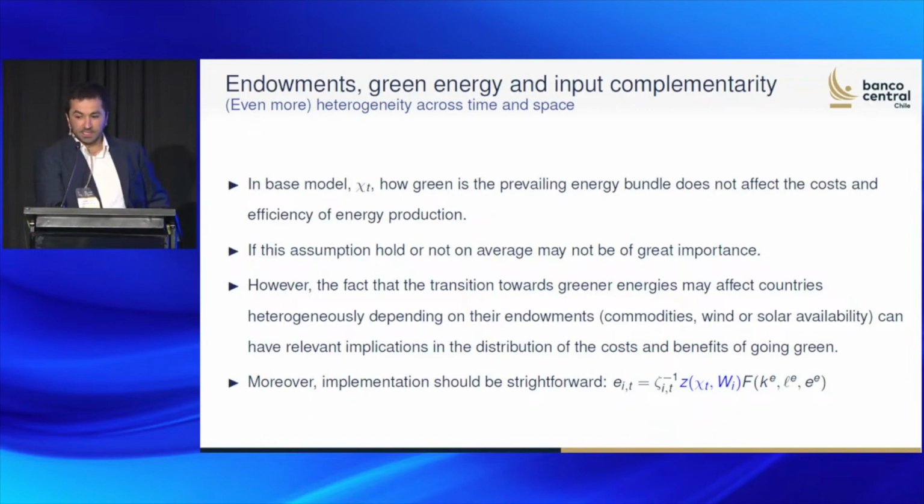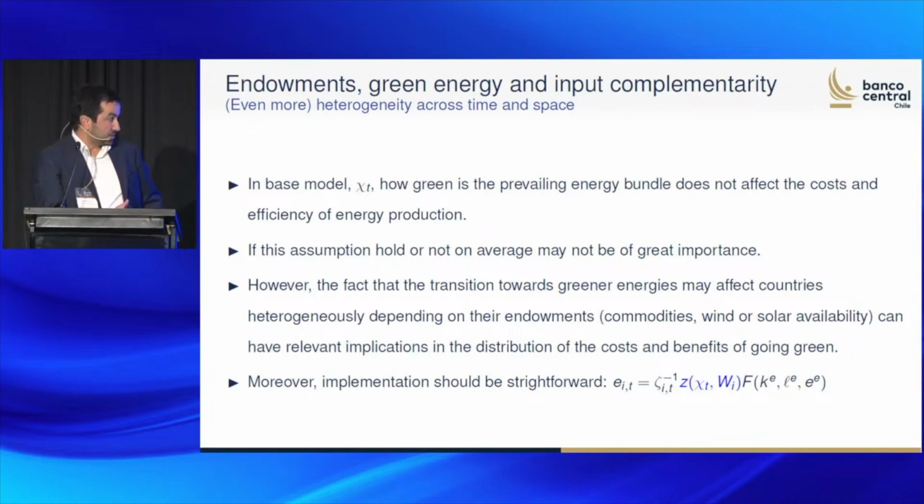The good thing is that the implementation should be straightforward. That's like the energy technology function that comes from the paper. And the blue thing, the Z, is a technology that you could add that basically says that the greenness of the prevailing energy bundle could have a different complementarity with the endowments that the country already has.